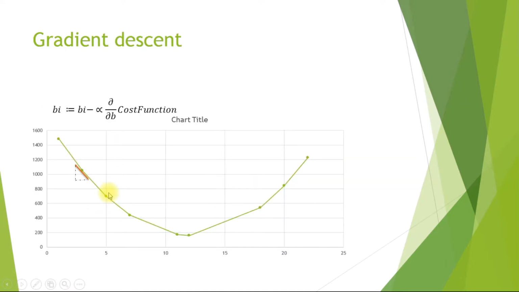Here I have a cost function plotted for the b values. B values are on the x-axis, increasing, and on the y-axis we have the cost function. As the b value increases, the cost function value decreases, touches the local minimum, and then starts increasing. So our job is to reach this value.